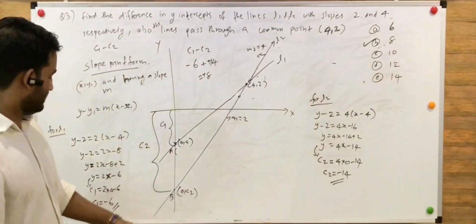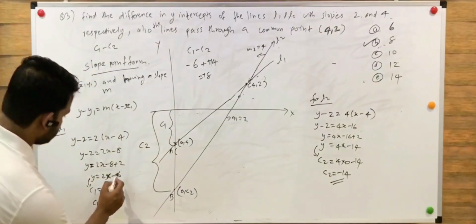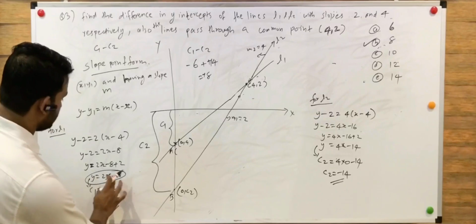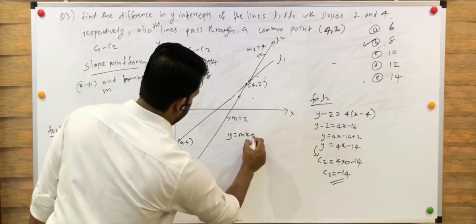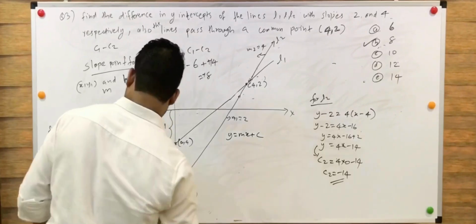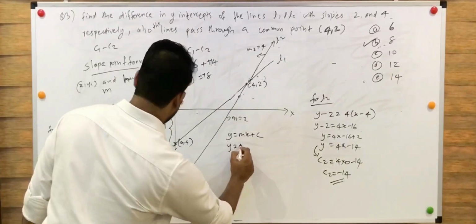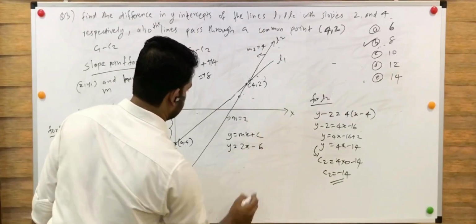Or we have one more method, because these equations are in one standard form, y is equal to mx plus c. Here y is equal to 2x minus 6.